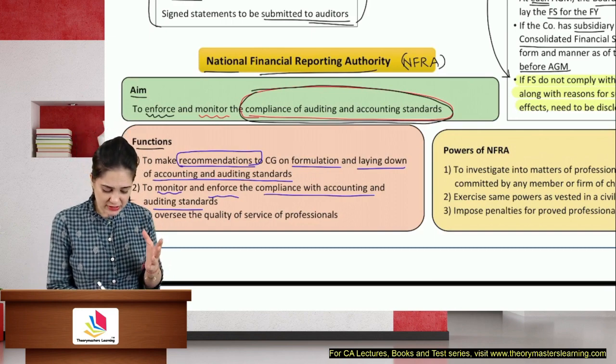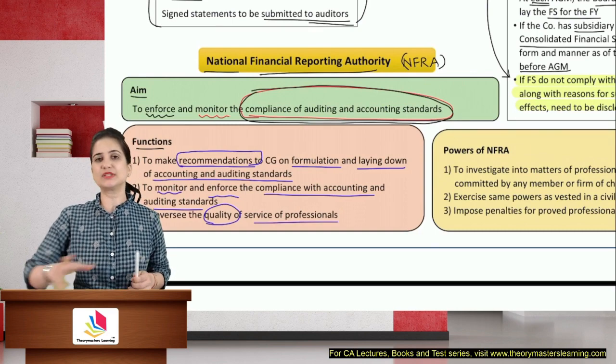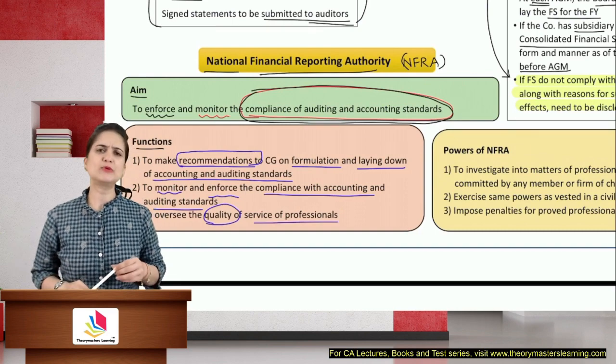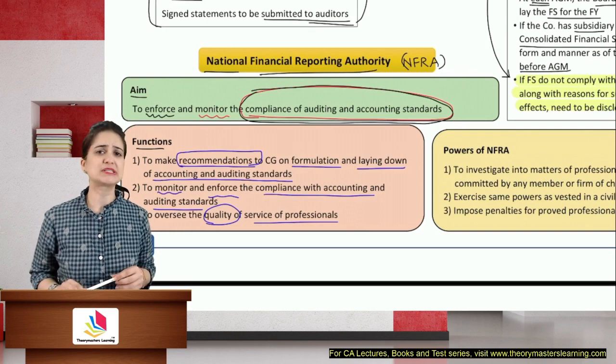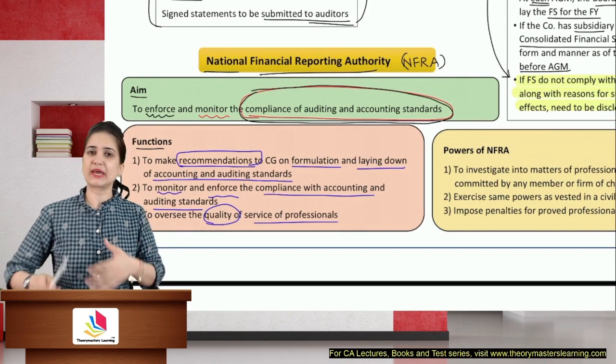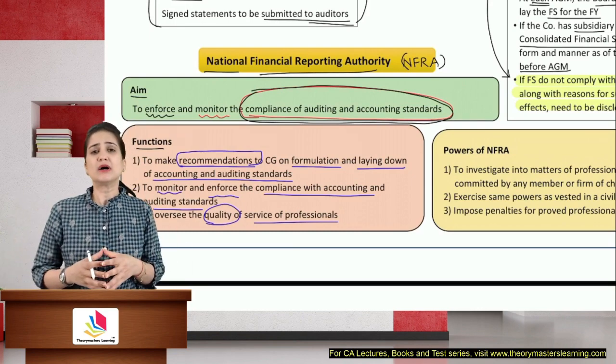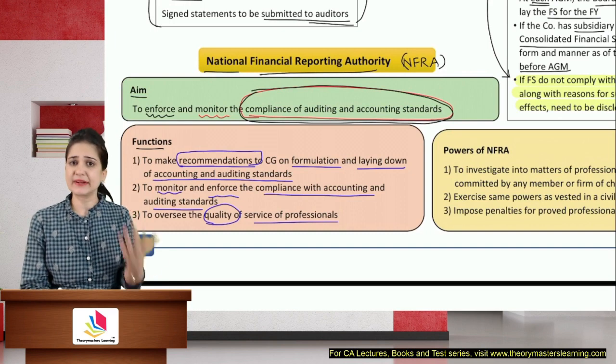They will also oversee the quality. These words should be present in your answer. They will oversee the quality. So how will you ensure that the quality of professionals is maintained? By ensuring that they attend training programs in case there is any amendment in the act. So we organize seminars or some training program wherein they can attend and update their knowledge.